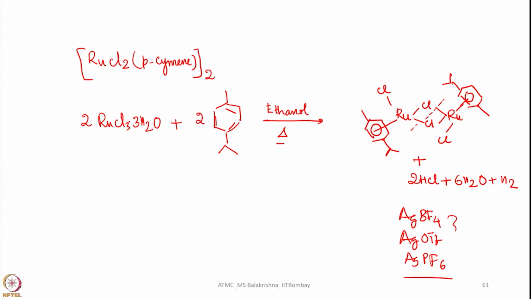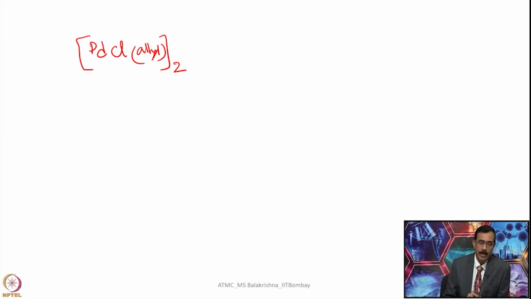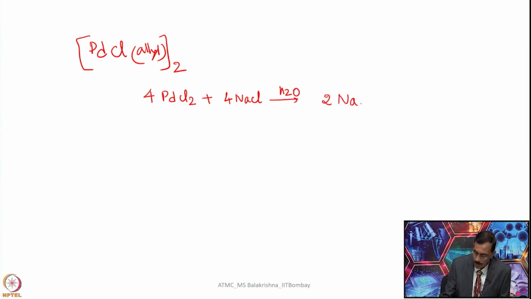Now let me give the preparation of another important compound, palladium allyl dimer. For the preparation, to begin with, if you do not have potassium or sodium palladate, one has to make that. That is very simple. Take palladium chloride and treat it with sodium chloride or potassium chloride in water. You get the corresponding palladate.